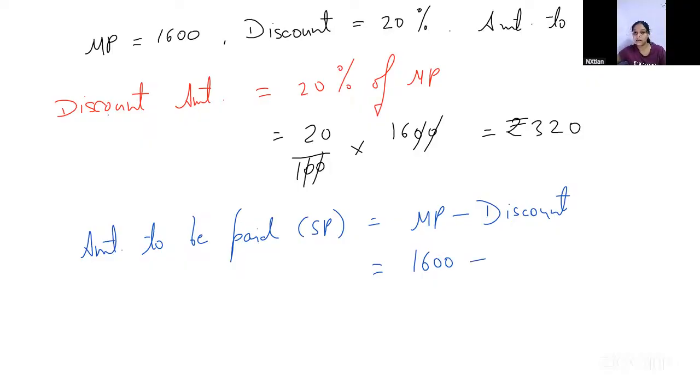Subtract your discount, 320. You will get how much? Rupees 1280. That is your selling price, which is market price minus discount. Understood, Joshua? Yes, ma'am.